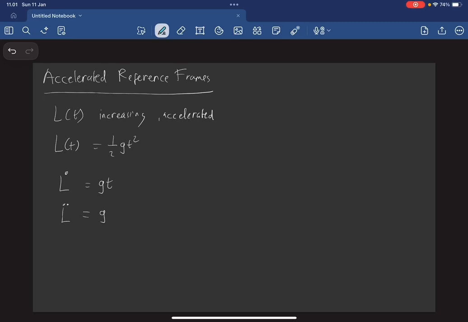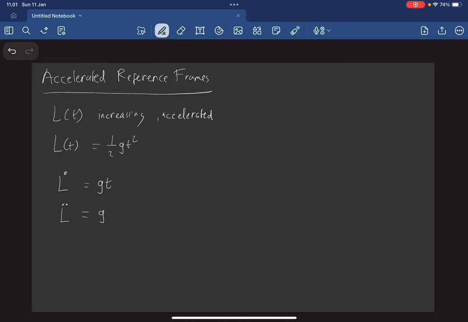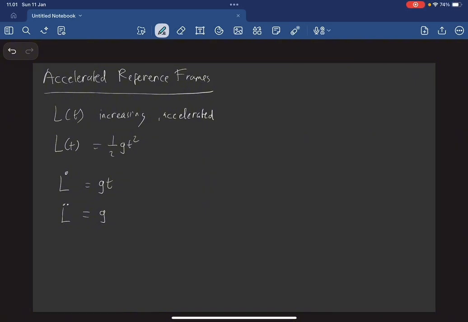The equations connecting the prime and unprime coordinates are different from the equations here, this one. So different from this one. The transformation for the vertical coordinate is now z prime equals z minus half g t squared.